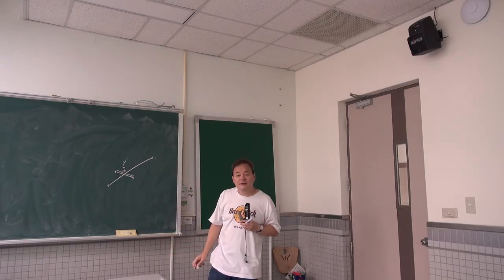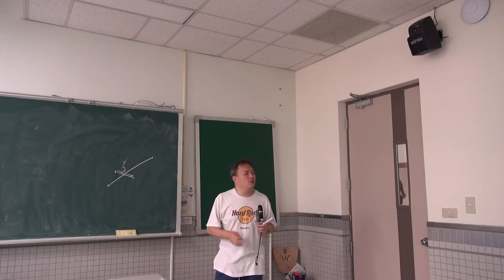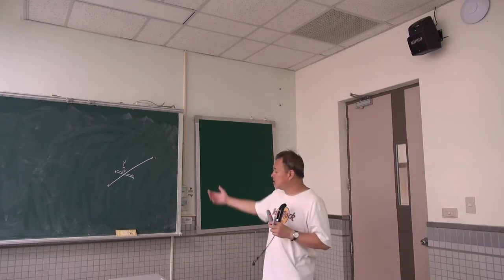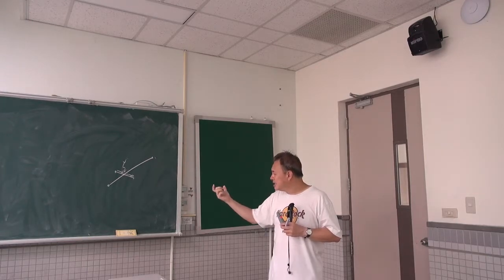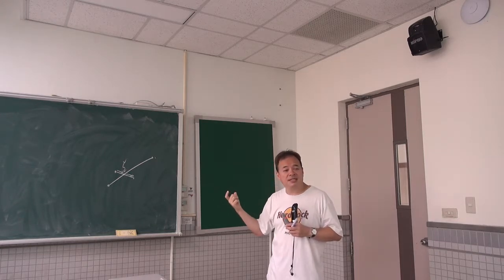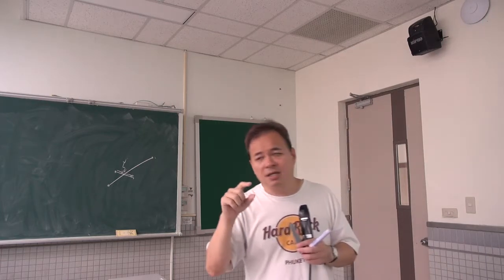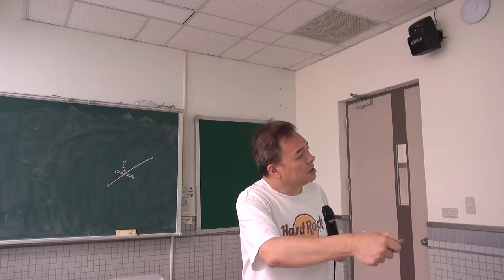So if there's a crossing, the line segment will be broken into appropriate pieces, such that the intersection will no longer be there, or it will be considered as a vertex. So this assumption number one is fine.